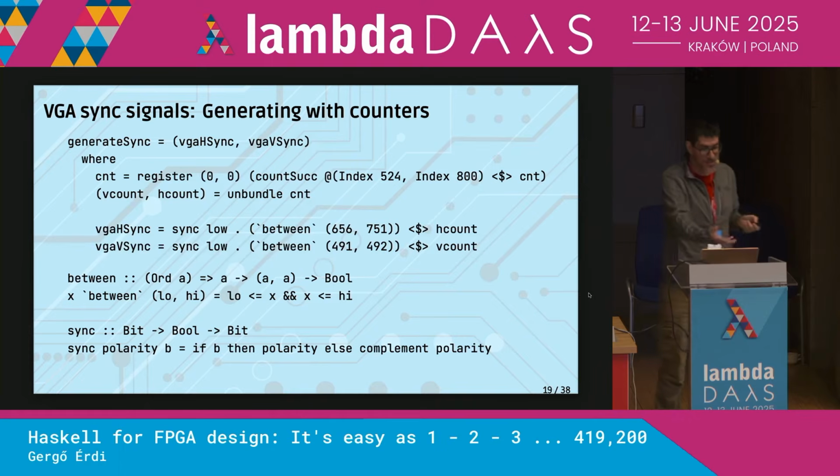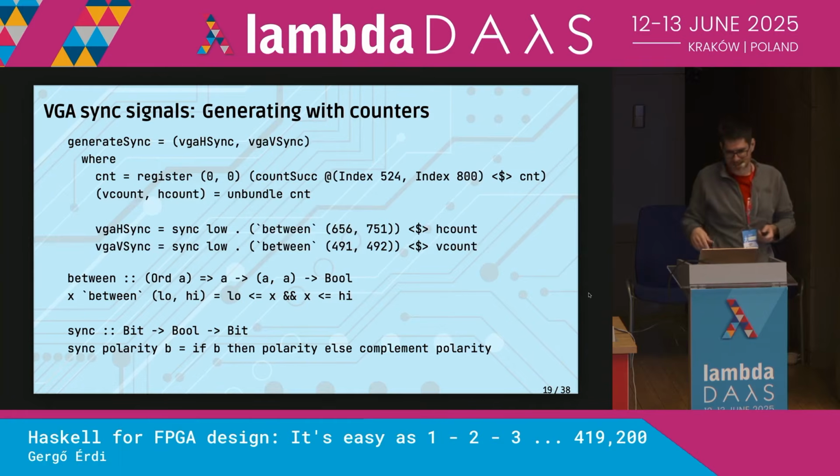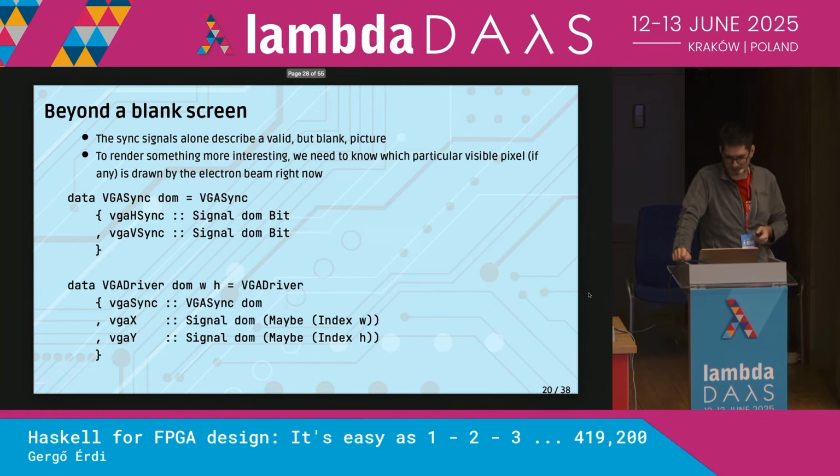Easy peasy, and this is a pure function, of course, because we are using the applicative function, or in this case, the functor instance of signal, to apply it on the counter. And then we can write a function that either emits the low bit or the high bit, depending on whether we are in the valley or not. Different VGA formats might have a high sync, but this one has a low sync. So that's why we parameterize sync with the polarity.